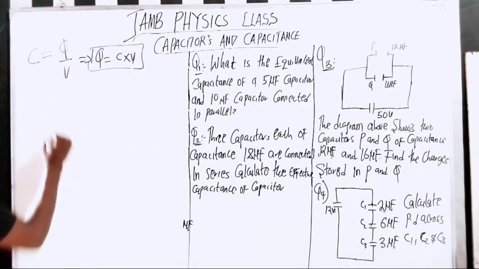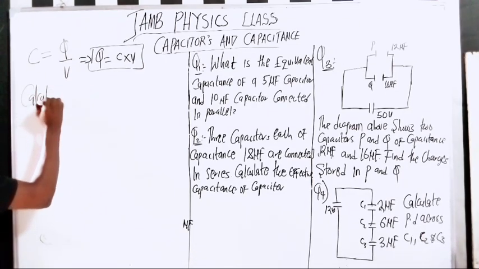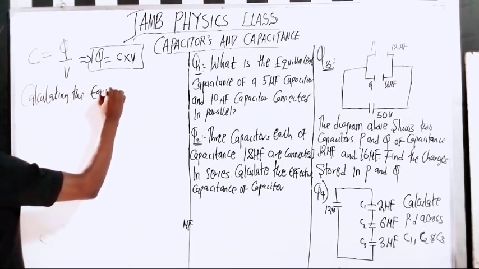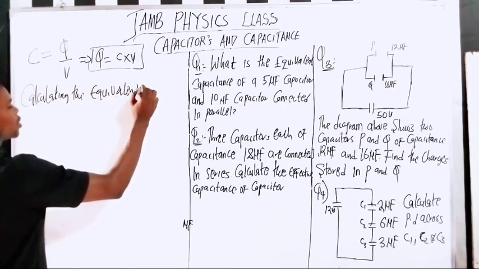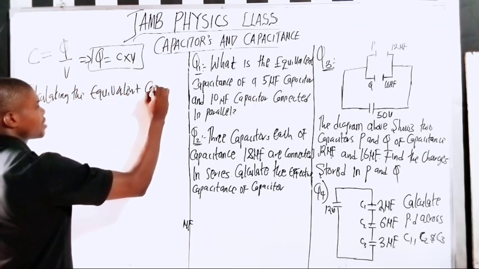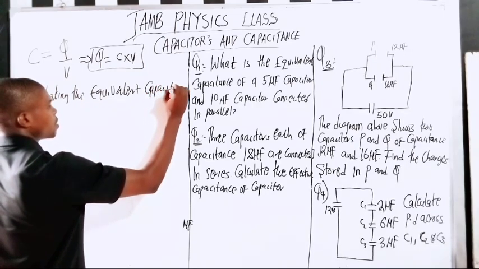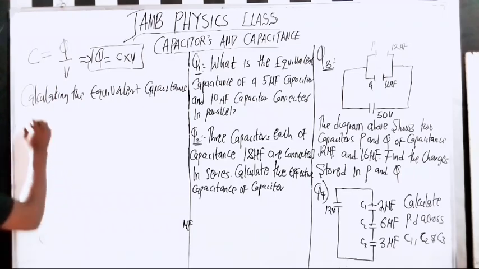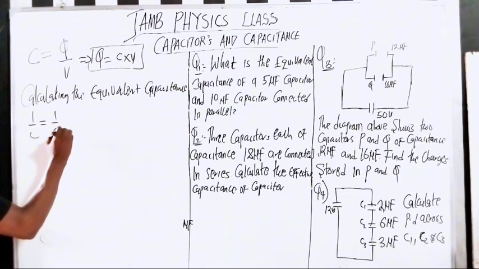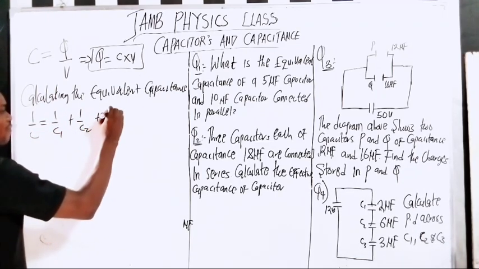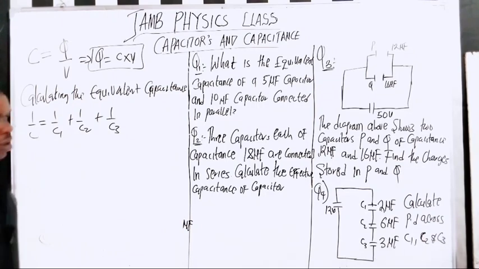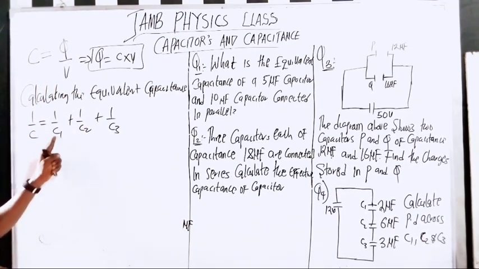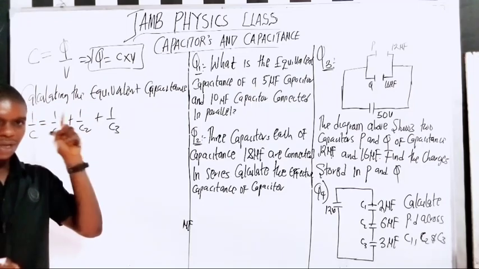I will now calculate the equivalent capacitance, which is going to be 1 over C equals 1 over C1 plus 1 over C2 plus 1 over C3.